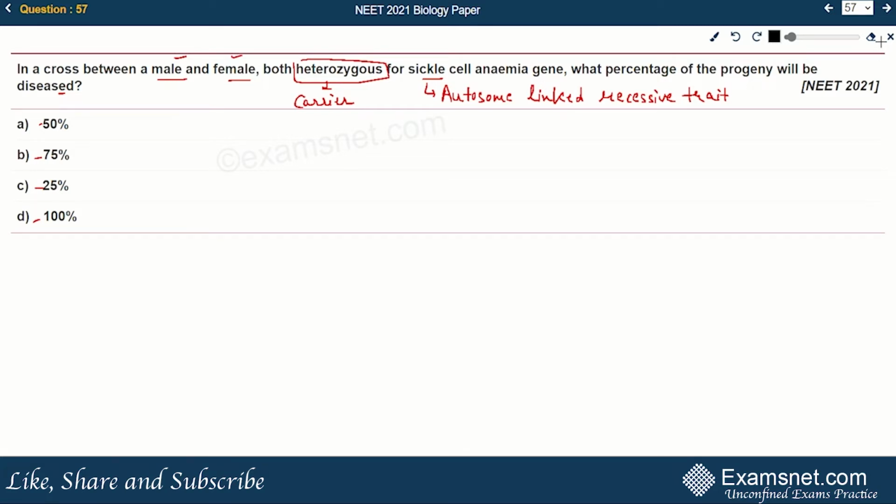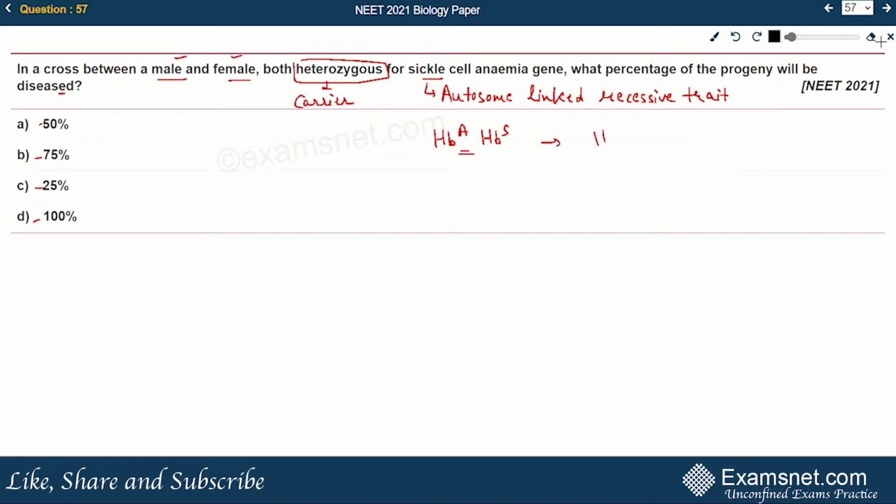The pair of alleles that is responsible for controlling the disease is HbA and HbS. This single pair of alleles controls the disease. What are the possible genotypes of these alleles?